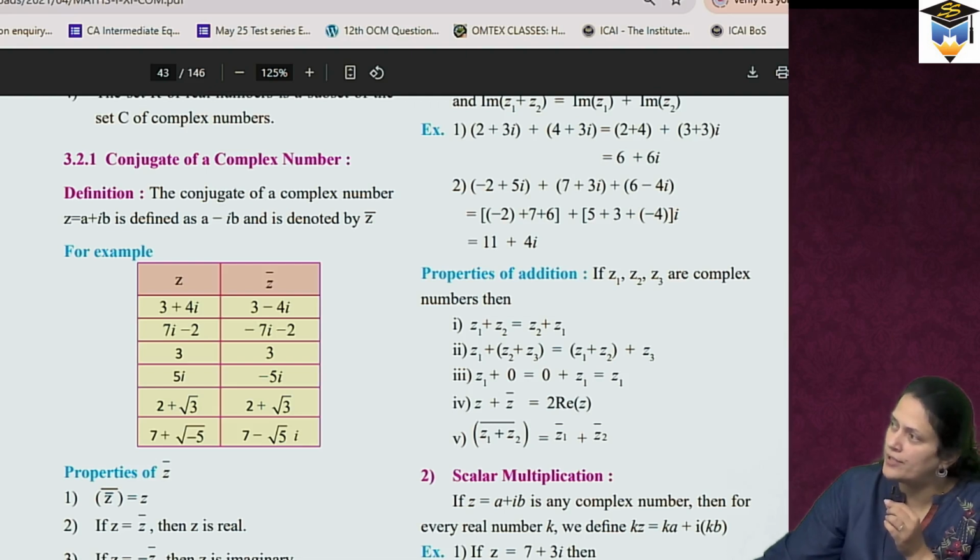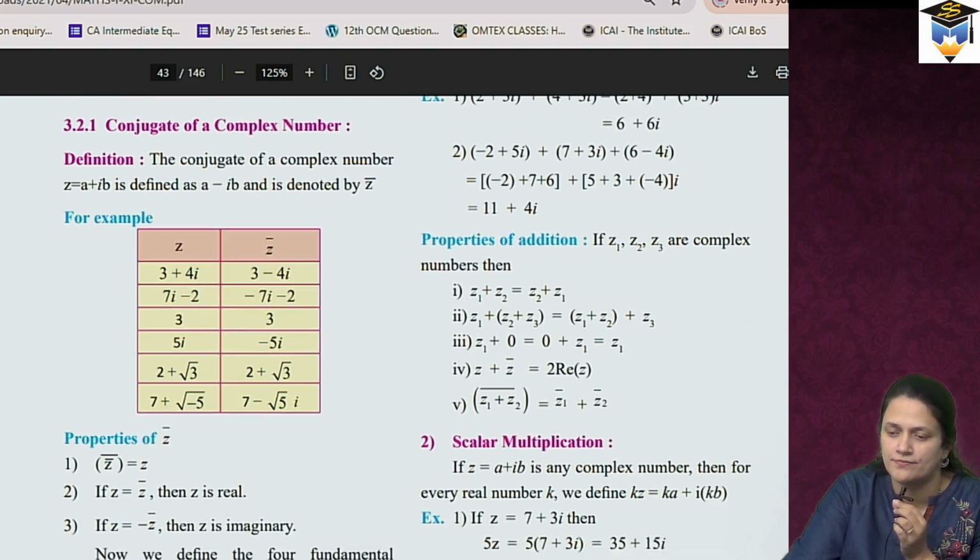Online students, anybody, any doubt? Are you understanding what I'm trying to tell you? Please write in the chat box if possible, so that I understand whether you have understood this or not. Write down the properties of addition. Then I'm going to give an example for each and every property.